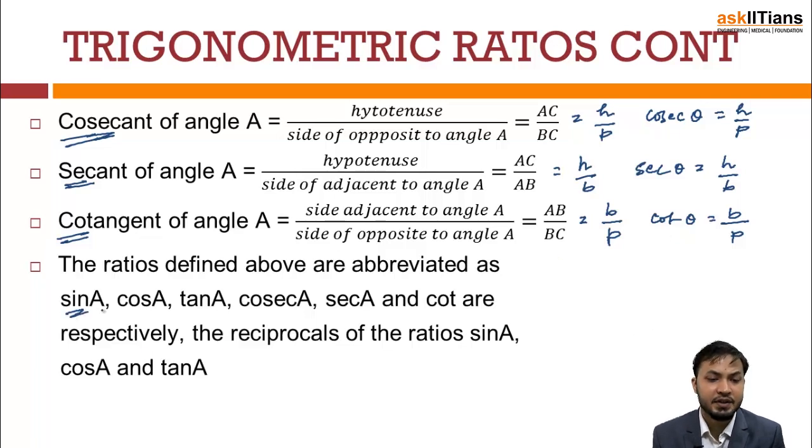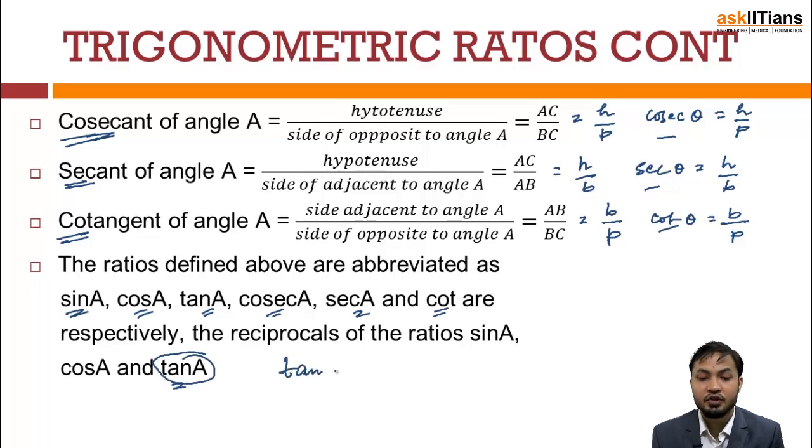I have my sine A, cos A, tan A, cosec A, sec A and cot A. Now we know that the reciprocals of sine, cos and tan are cosec, sec and cot. So if I am defined with sine, cos and tan, I can directly take out these. But it is also important to understand that if I know sine and cos, I can basically define tan.